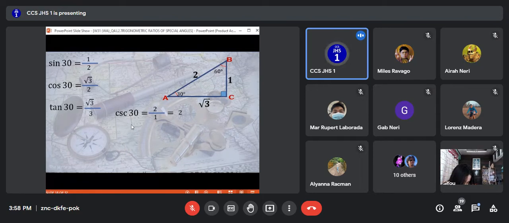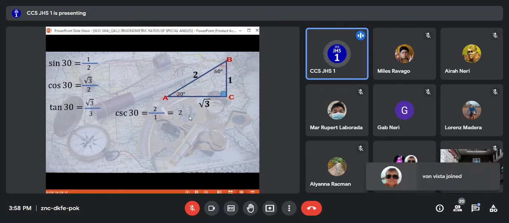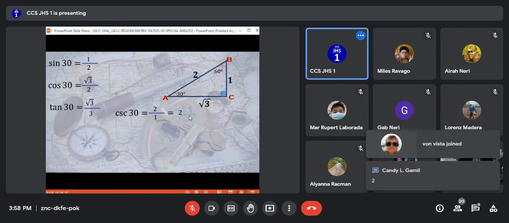So to find the cosecant using your calculator, it is 1 over sine 30. So 1 divided by sine 30. Try it on your calculator. How much is the answer?